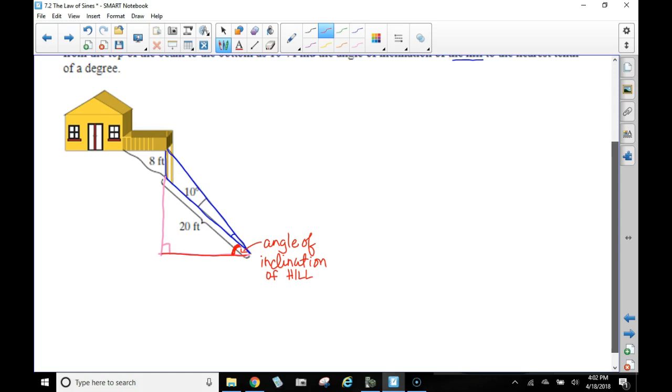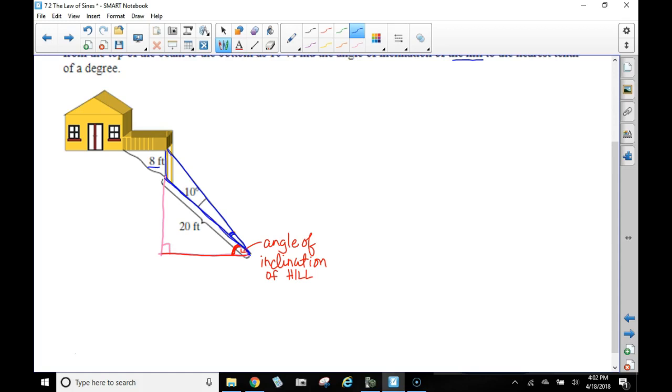So what we could do is concentrate on the blue obtuse triangle. We have this angle 10, opposite side 8, and this side here is 20.